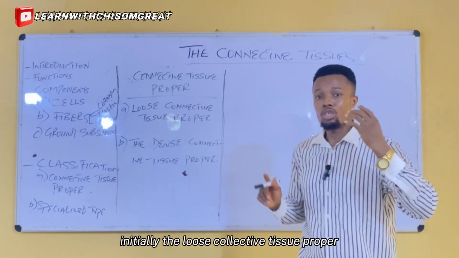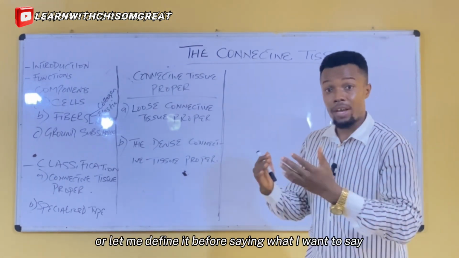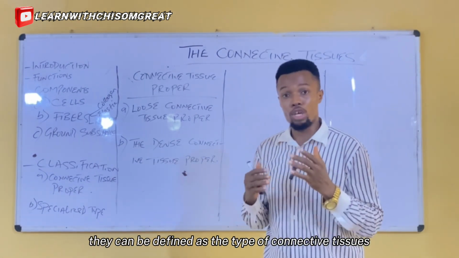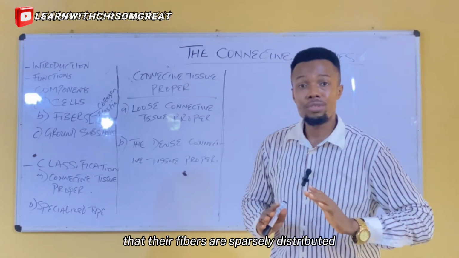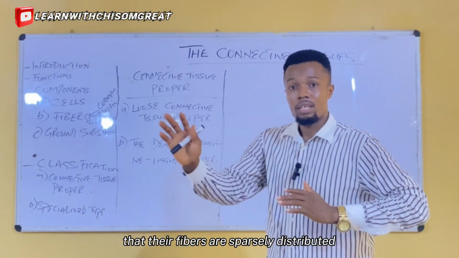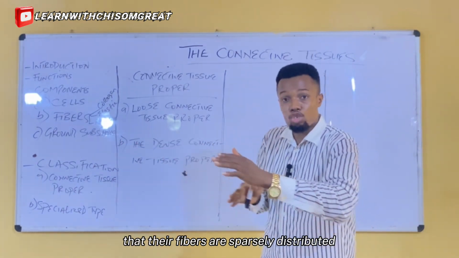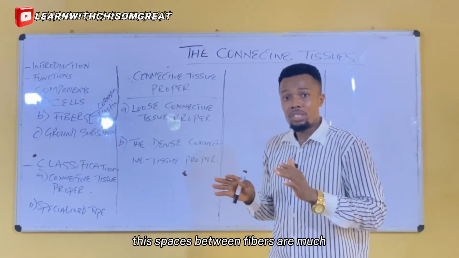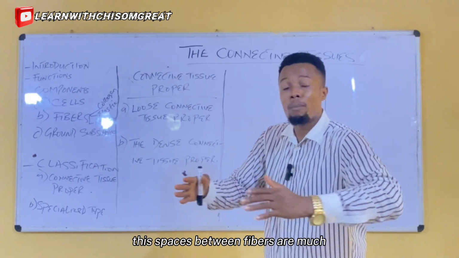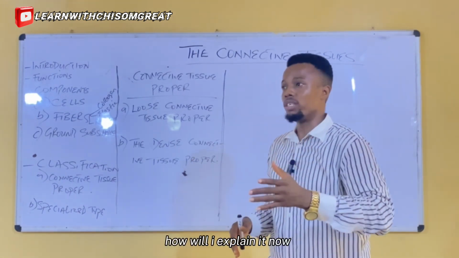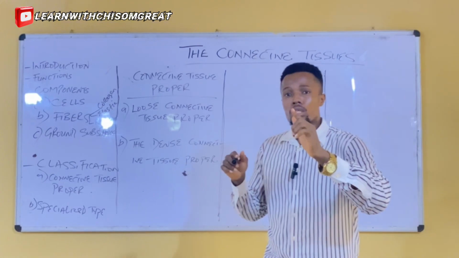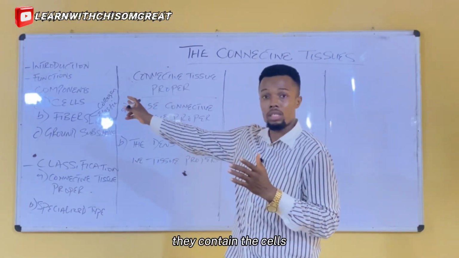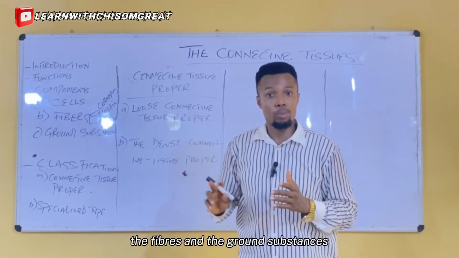So let's see the loose connective tissue proper. Let me define it first. They can be defined as the type of connective tissues whose fibers are sparsely distributed. The spaces between fibers are much. You know that every connective tissue contains the cells, the fibers, and the ground substances.